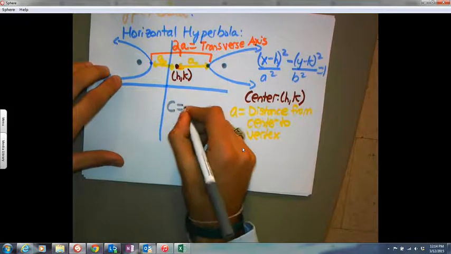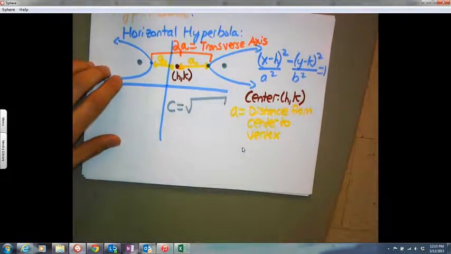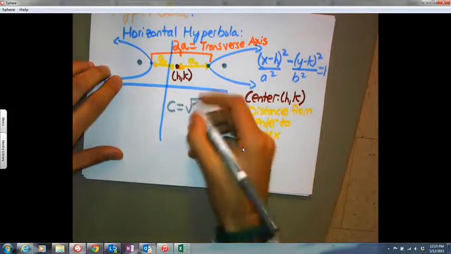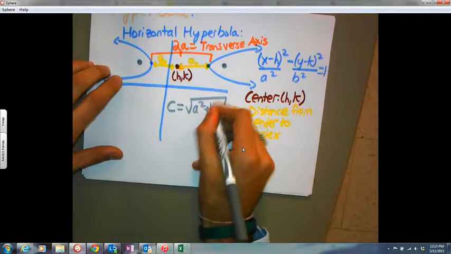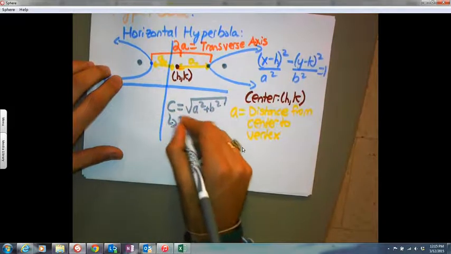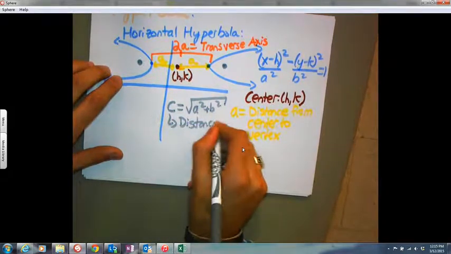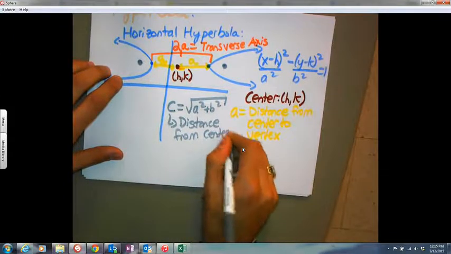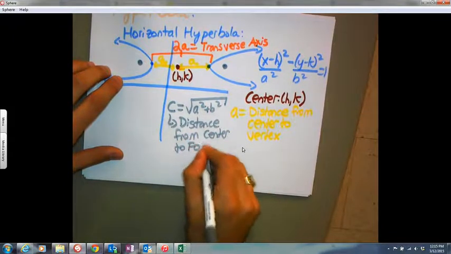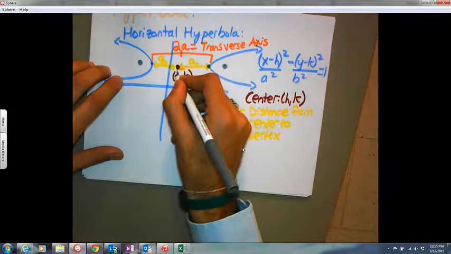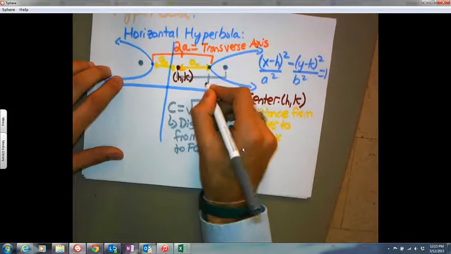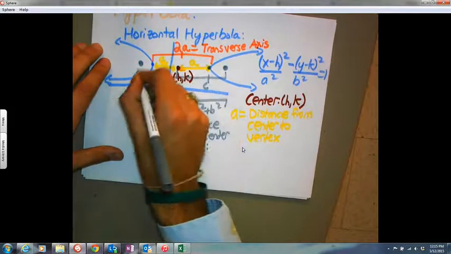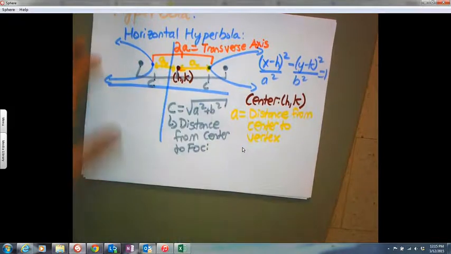Now c is a squared plus b squared, where c is the distance from center to foci. So this distance here, we call it c. This distance here, we call it c. So these are both c.